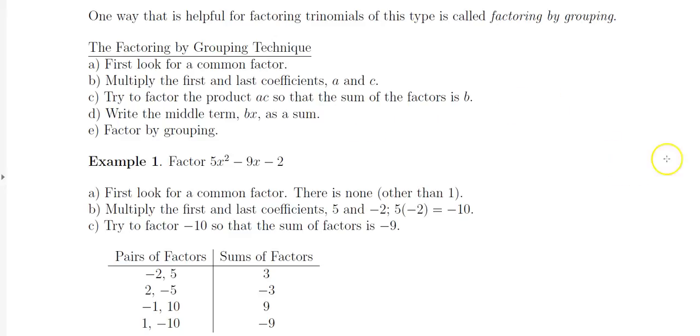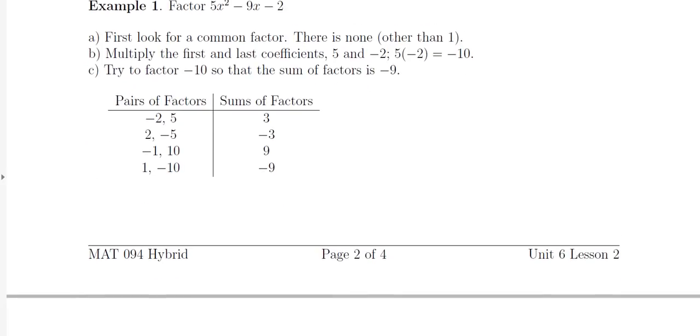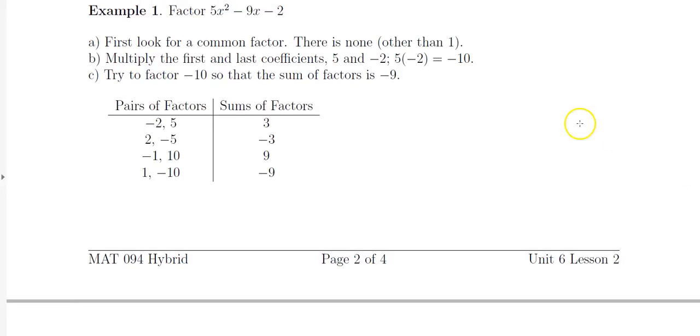So if we have 5x squared minus 9x minus 2, we have no common factors between the 5, the 9, and the 2. So what I'm going to do next is multiply the 5 by the negative 2, and I get negative 10.